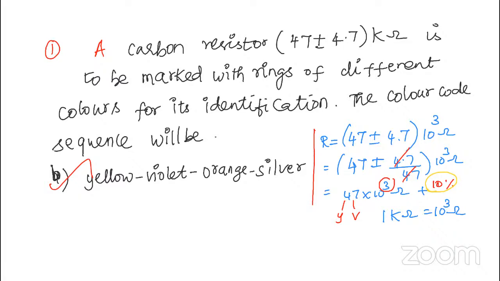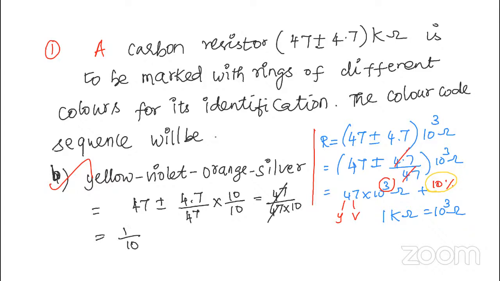So here 47 plus or minus 4.7 divided by 47, multiply and divide by 10, so here it is 47 and here it is 47 into 10. This one should be cancelled. Finally we are getting 1 by 10, which in percentage is 10 percent.